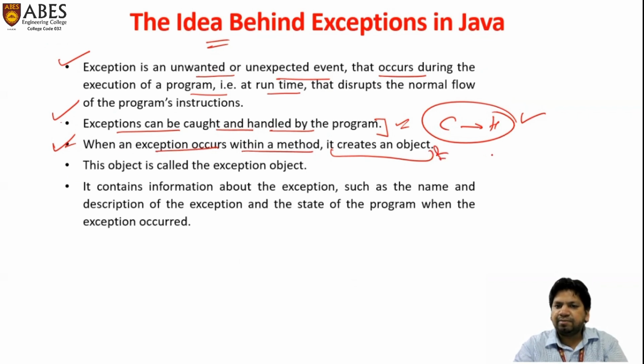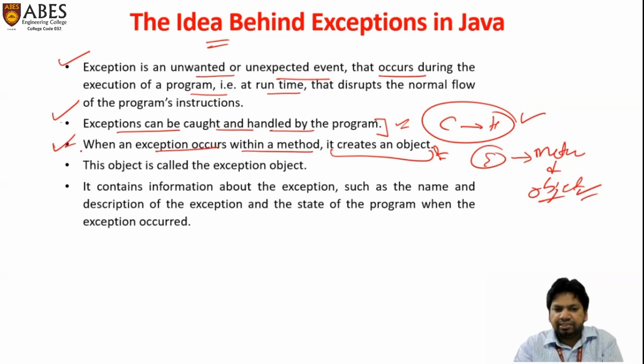When an exception comes within a method, we create an object. The object is created when the exception comes within the method. This object is called the exception object. Important part: this is called the exception object.